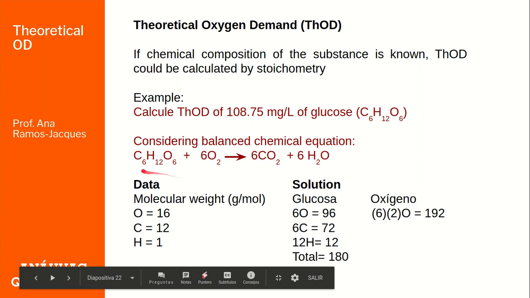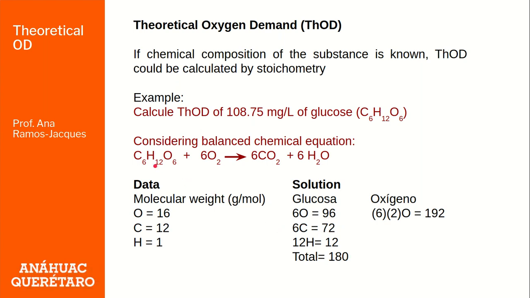Then how many carbon you have in the glucose? This is the formula. 6 carbon times 12 of the molecular weight, you have equal to 72.